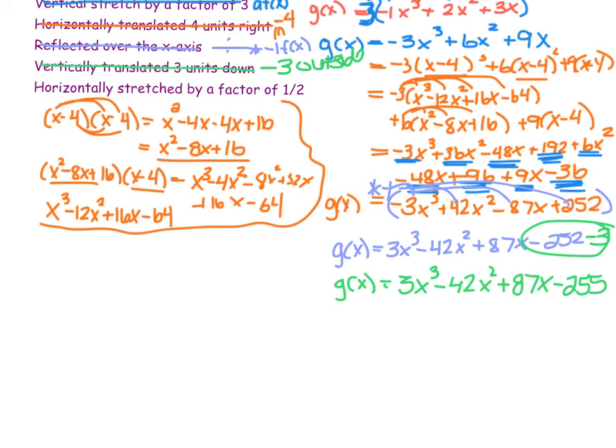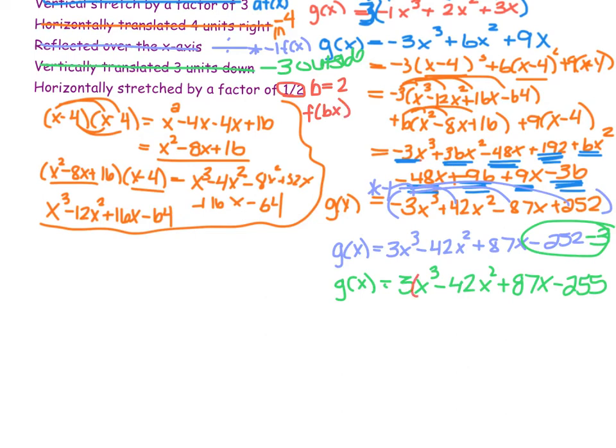And then our last change here is we need to horizontally stretch this graph by a factor of 1/2. So remember, these are the opposite of what we expect, so we need a b value, which is going to be the reciprocal of 1/2, which is 2 over 1, or 2. Then we know that our b value is going to multiply by x on the inside.